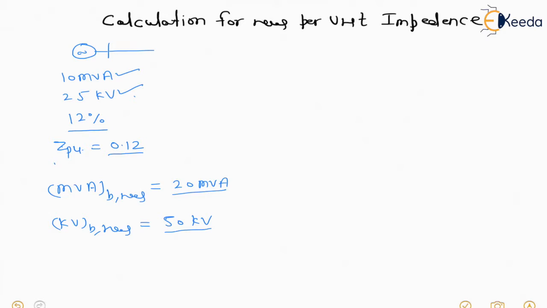We know that ZPU is equal to Z actual upon Z base, and Z base is equal to KVB square upon MVAB.